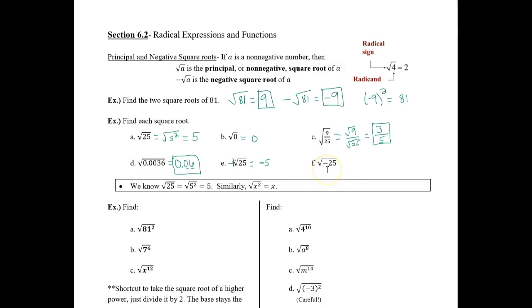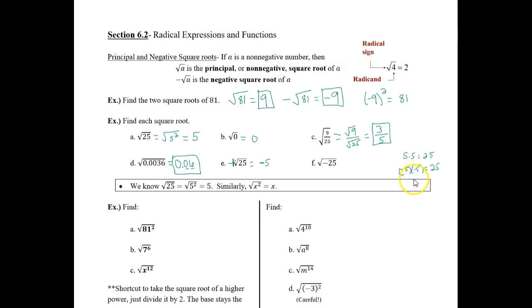On the next example, remember the radicand, the piece underneath the radical, we're saying what times itself would give me that value. So what times itself would give me negative 25? Well, I could try positive 5 times itself gives me positive 25. Negative 5 times itself, well, anything times itself with negatives, I have a negative times a negative, I end up positive. There's no way to multiply two values that are the same and get a negative, right?